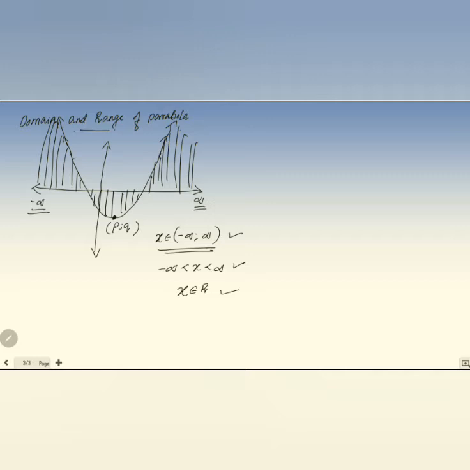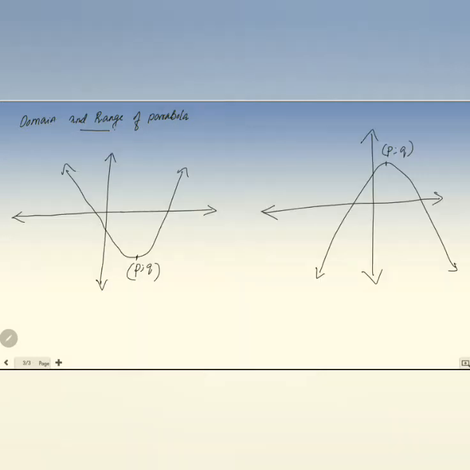Now when it comes to range, look at these two graphs. I'm going to find the range of each graph, starting from concave up. Range is the height. You have to think about the vertical height of the graph, then read the values from the y-axis. Range is all the y values of the graph. So when you look at the height, go to the first graph, the minimum point is the turning point. You know that.